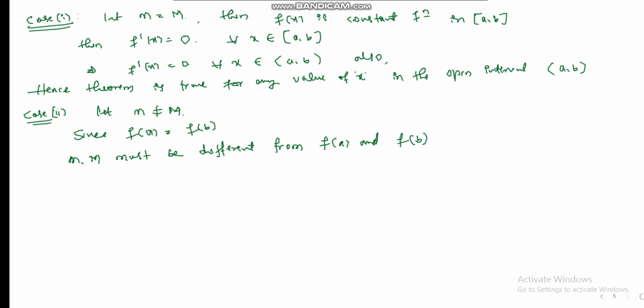So that's why we can say that m and capital M must be different from f(a) and f(b).